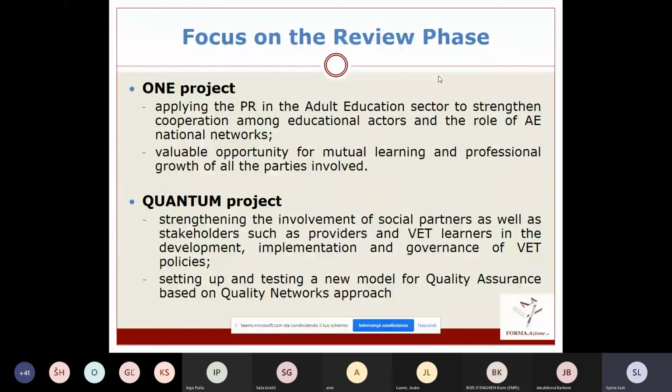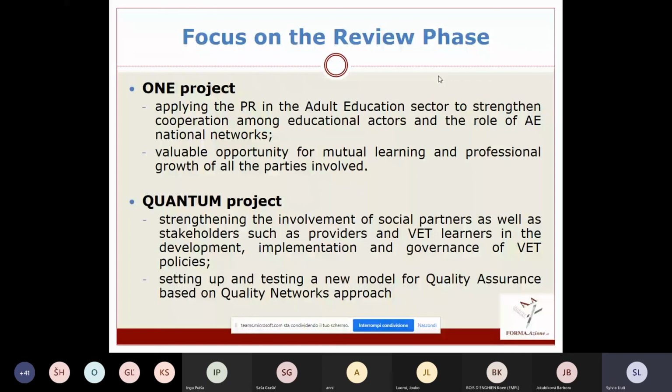And the Quantum project, as Luca also said, is more focused on vocational education and training, but again it is about setting up and testing a new model for quality assurance based on the quality networks approach.